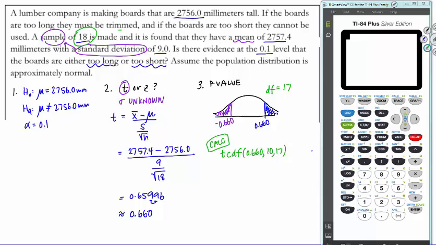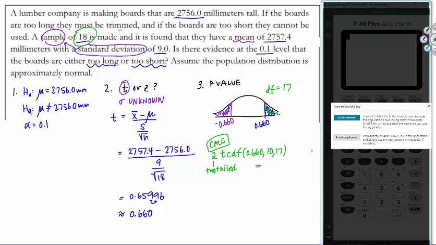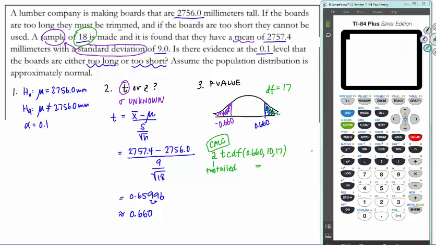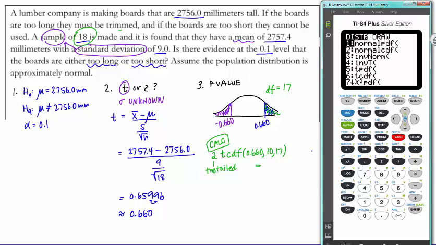That would give us the area to the right of 0.660, and then we would multiply by 2, because it's a two-tailed test, and we care about where that probability is in either the tail to the right or the tail to the left. That is in the distribution menu, tcdf.